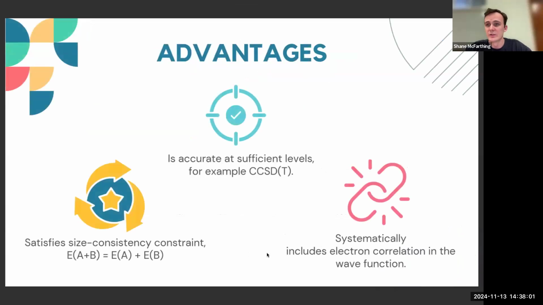Some advantages of using the coupled cluster approximation is that it gives us an accurate solution at certain levels. So you have to pick what level of excitations you're going to consider. One setting that's typically used is CCSD with perturbative triples. So we don't consider all the triple excitations in the typical way.